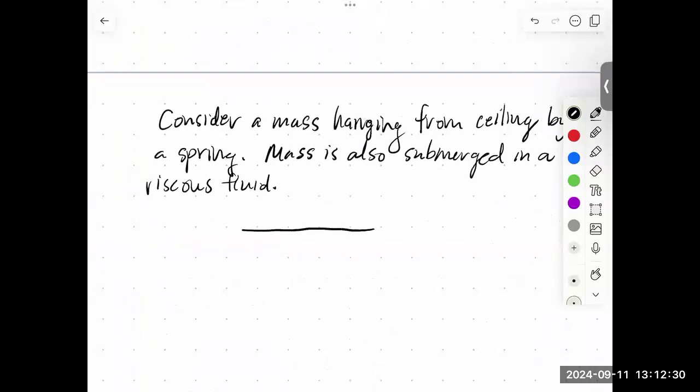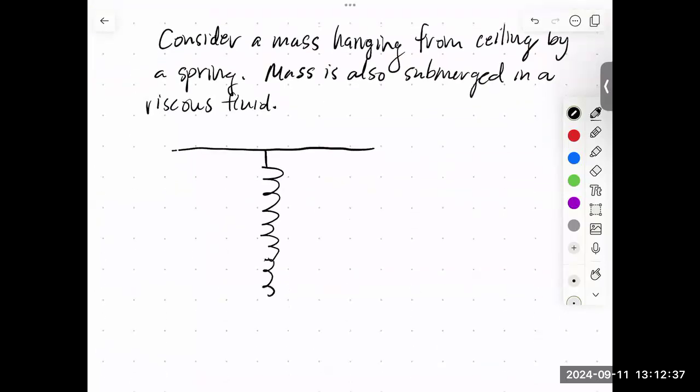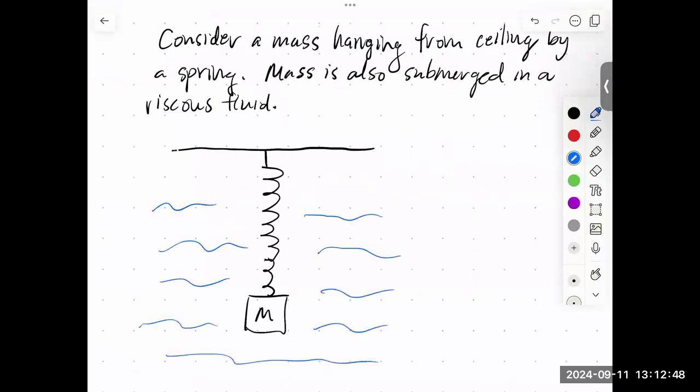Okay, so let's just draw the picture. It's pretty simple. Here's our ceiling, here's our spring, and I'll make it a bit longer. Here's our mass M, and we'll surround this thing by some kind of fluid. So here's our fluid. And what I'm going to do is I'm going to identify the equilibrium position of the spring, right? So if I put a mass on a spring, I hang it from the ceiling, it'll stretch the spring down a little bit.